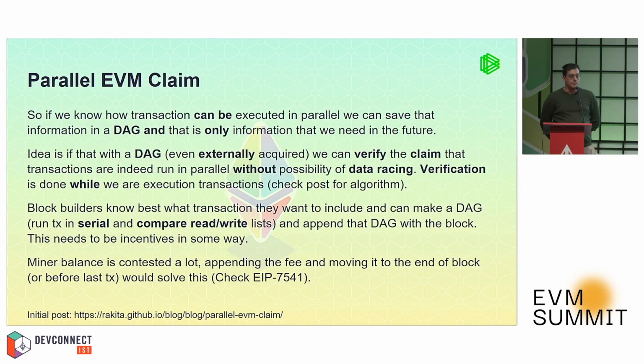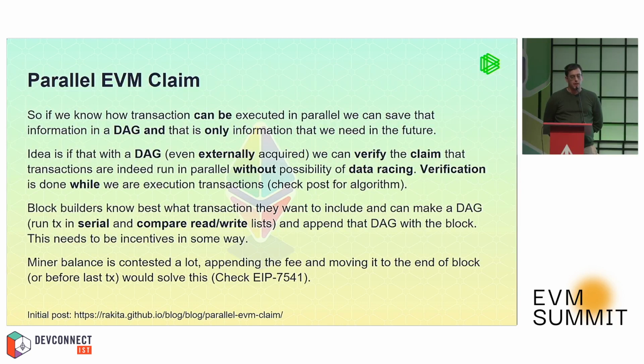Parallel with an execution claim. The idea is, just imagine if you already know which transactions can be run in parallel. You have an acyclic graph where you know, hey, this transaction depends on this transaction. This information can be obtained serially, but it can even be obtained externally. You can download it from somewhere else.